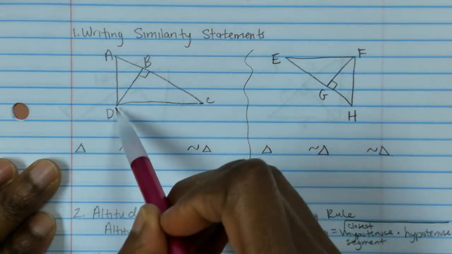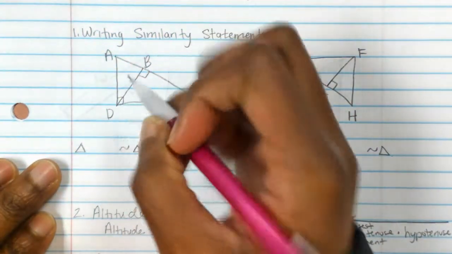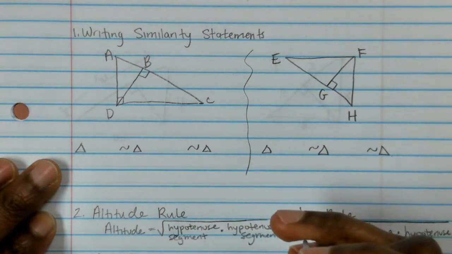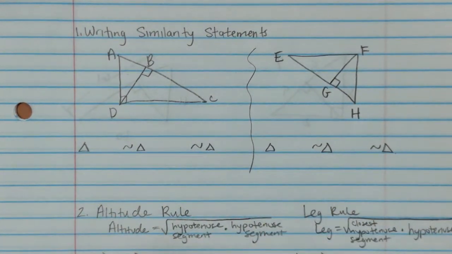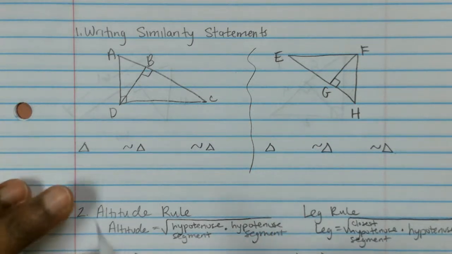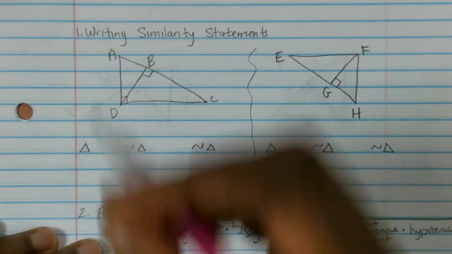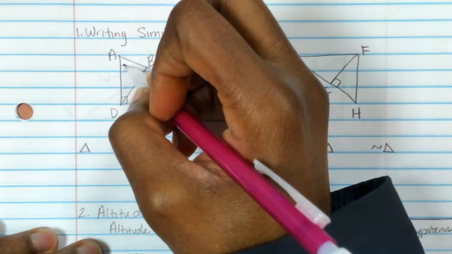So when you create an altitude in a right triangle, there are 3 similar triangles that are created. Similar triangles mean they have the same angles, but not necessarily the same size, but they have the same proportions. So what I do to help me to understand which angles are the same is to draw in these little angle bends.